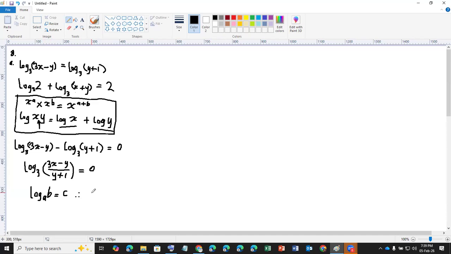So the base is A, the power is C, and the number that owns it is B. That's how we go from logarithm to indices. Are you familiar with what I just did, converting from logarithm to indices?